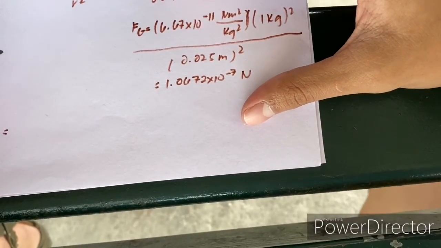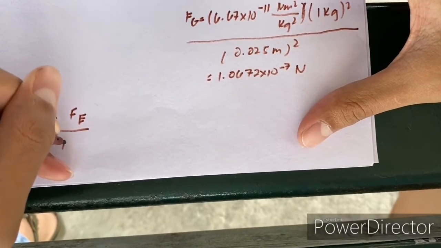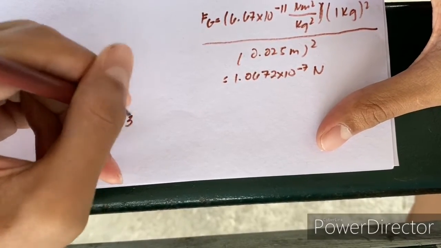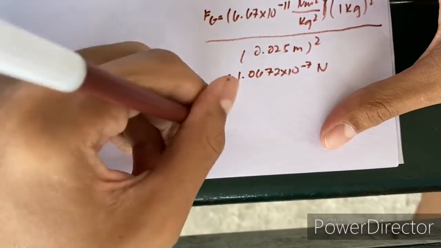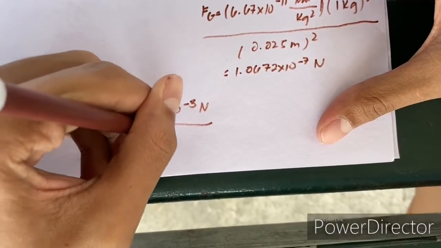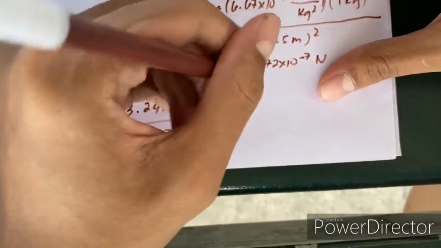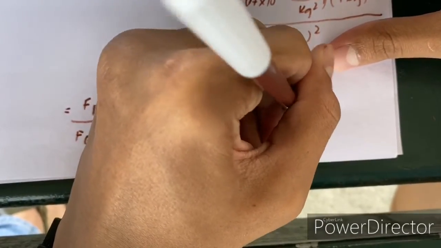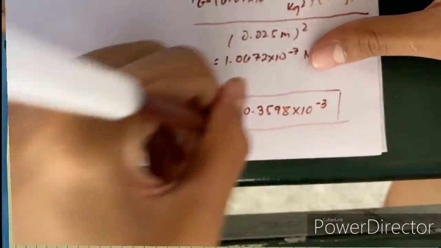Next, we will divide the electric force by the gravitational force. The answer is 30.35 times 10 raised to 3. Let's move to the next problem.